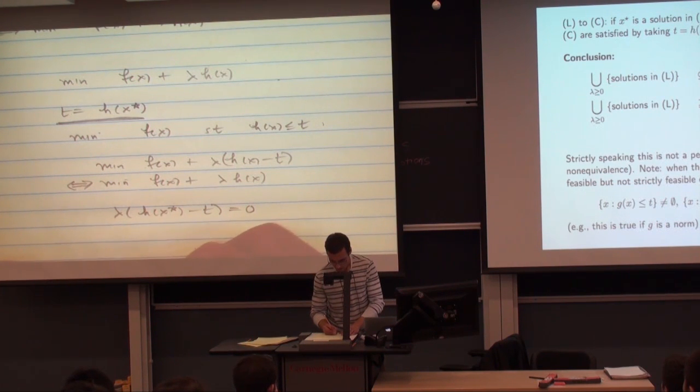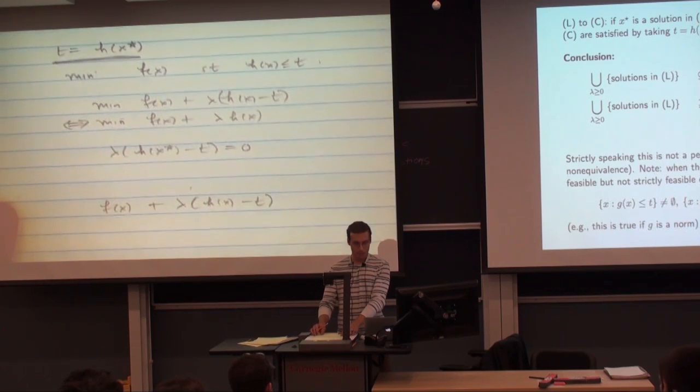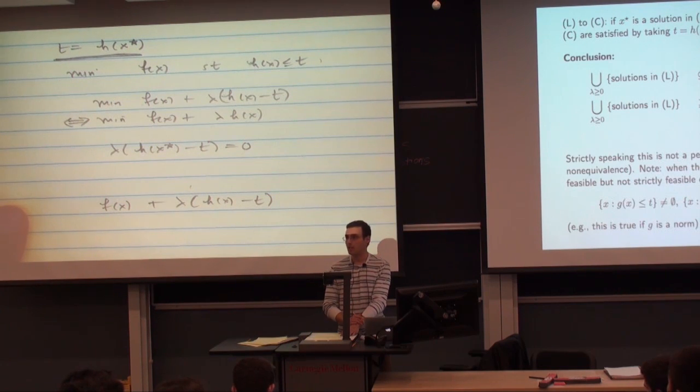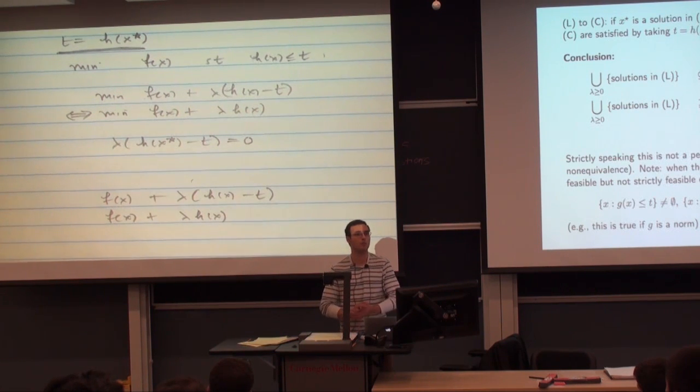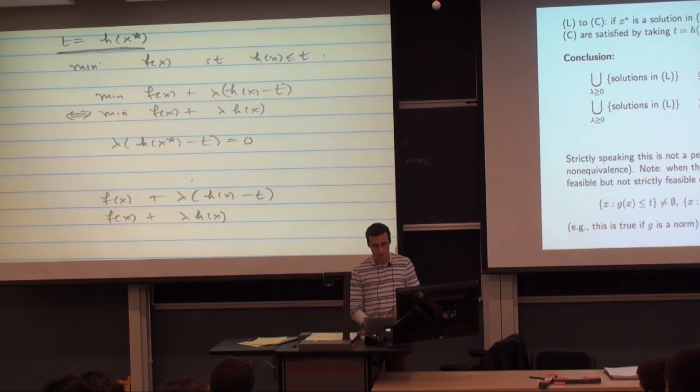Because as I take lambda equals infinity, then I'm basically enforcing the constraint h of x equals t. And if t is equal to 0, then I'm enforcing the constraint h is equal to 0, and that's the only time that those two problems are equivalent. So if the only value of t that leads to a feasible but not strictly feasible point is 0, then we get equivalence.